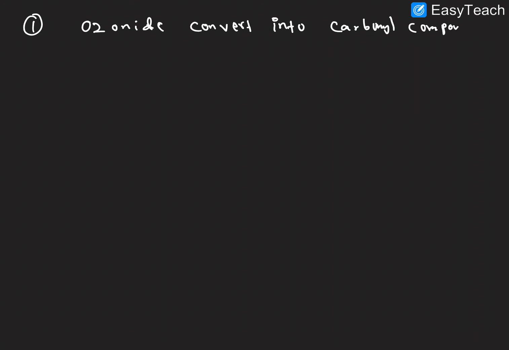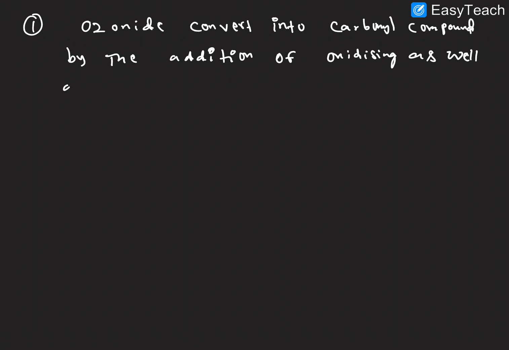The important point here, point number 1: ozonide converts into carbonyl compound by the addition of an oxidizing agent as well as a reducing agent.